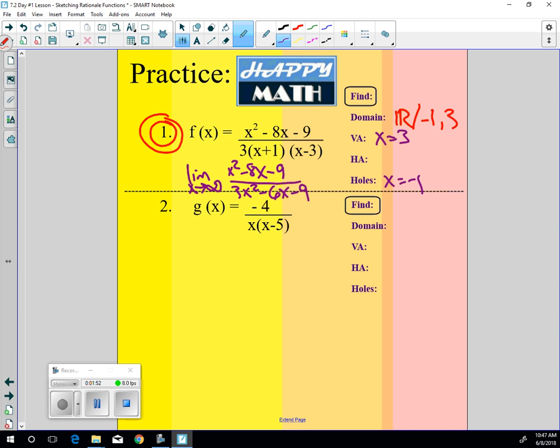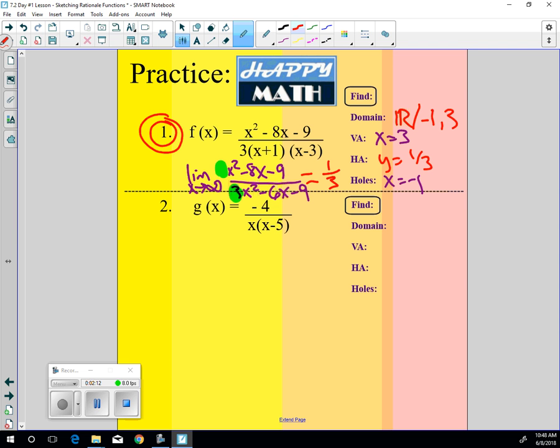When we take the limit as x goes to infinity, you're going to have 1x squared over 3x squared, and that's going to be equal to 1/3. So the horizontal asymptote, the y value, will be equal to 1/3.